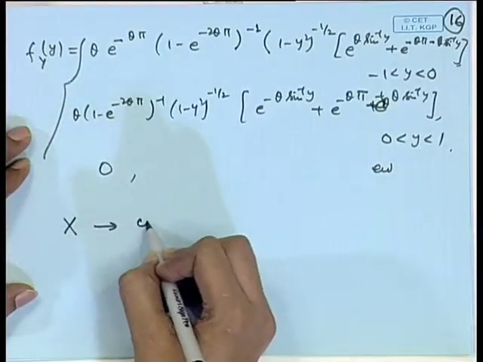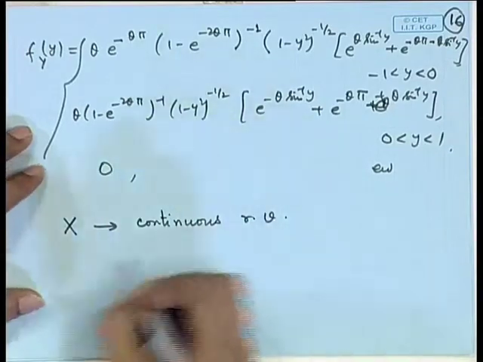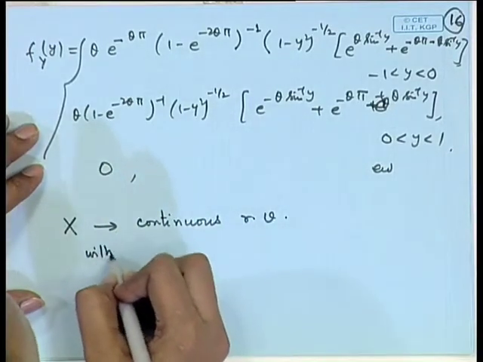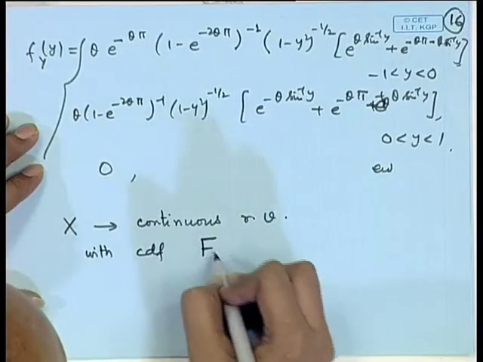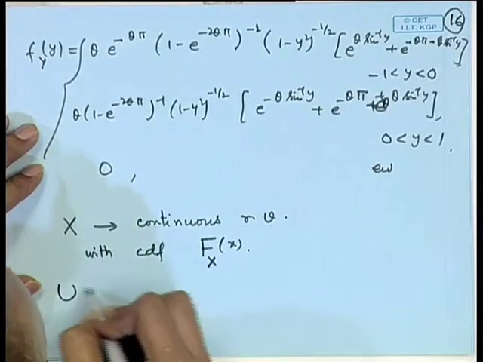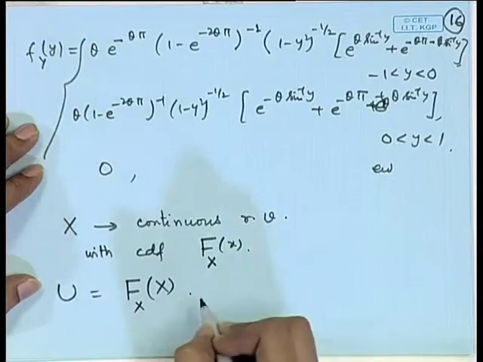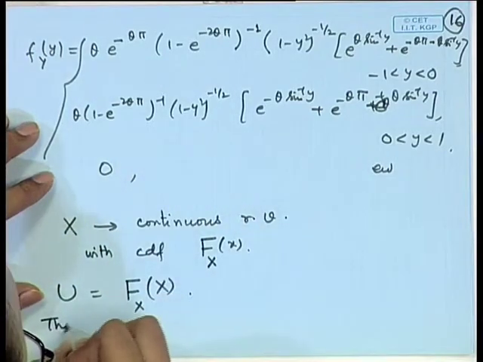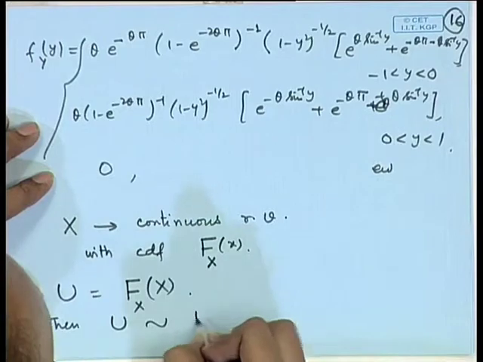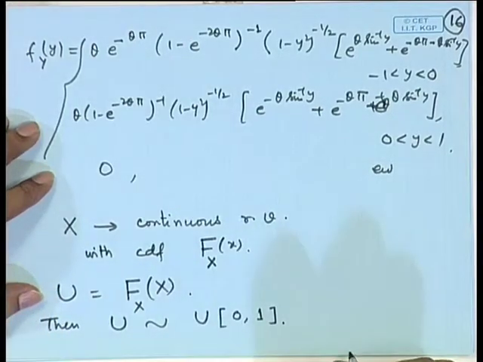This basically says that if x is a continuous random variable with CDF capital F, if we define say u is equal to F of x, then u is distributed on the uniform interval 0 to 1.